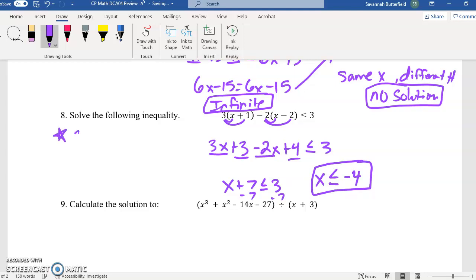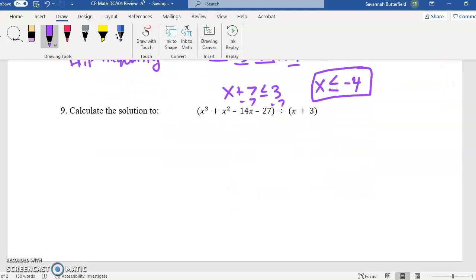Just remember, if you divide by a negative number, you have to flip the inequality. So this one didn't have a negative. I don't recall if the DCA has a negative, but just remember, if it is negative, you have to flip the inequality.